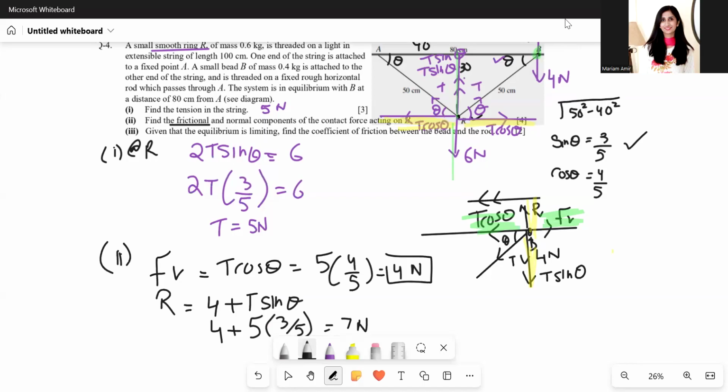In part 3, we have to find the coefficient of friction given that the system is in limiting equilibrium. In limiting equilibrium, we use this formula. Friction is equal to mu times R. Friction was already found, 4 Newton. Mu has to be found. And R was already found, 7. That means mu is equal to 4 over 7.